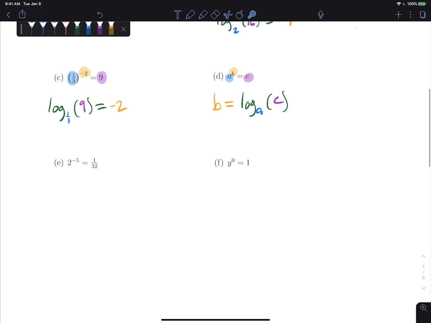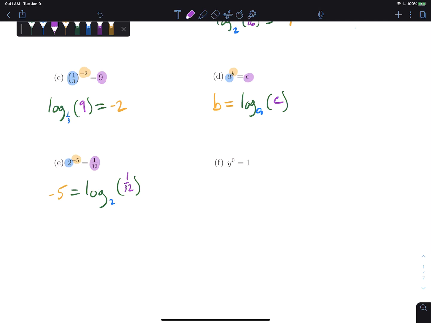Alrighty. Letter E. 2 to the negative 5 equals 1/32. Again, I'm going to write the exponent first, so let's start there with the negative 5. And that's equal to the log base 2 of the argument 1/32. Excellent.